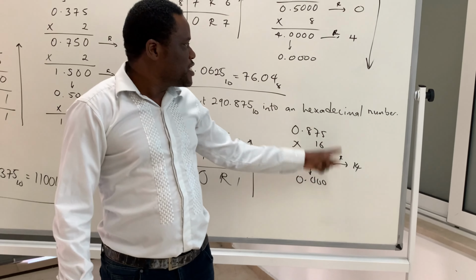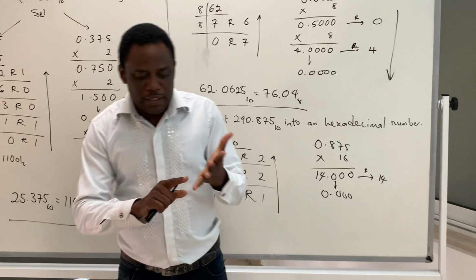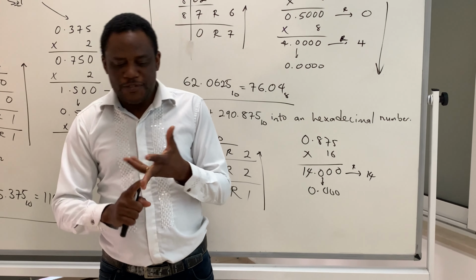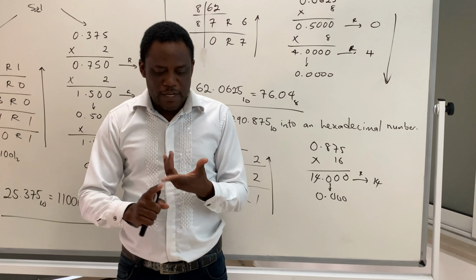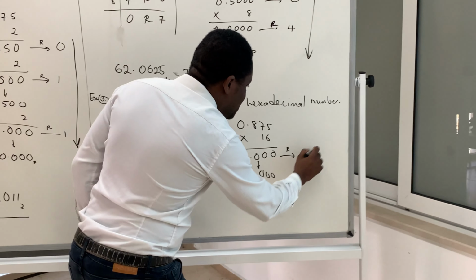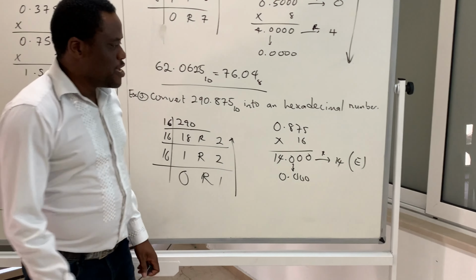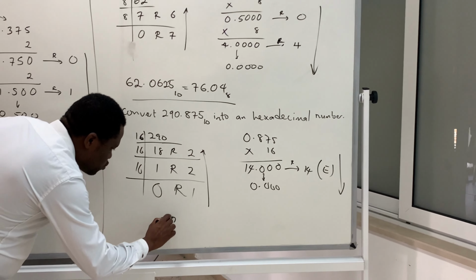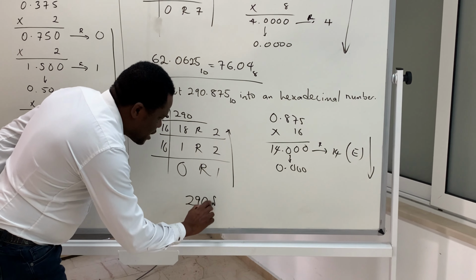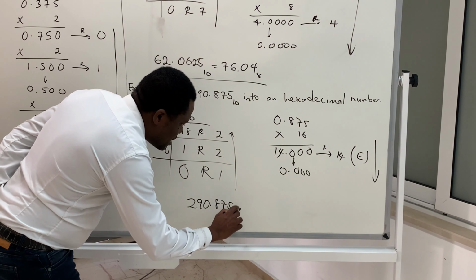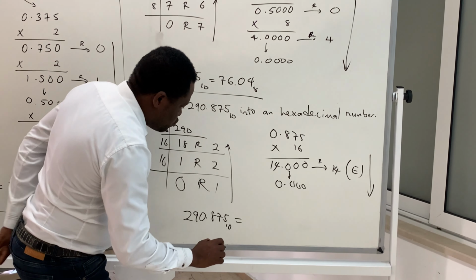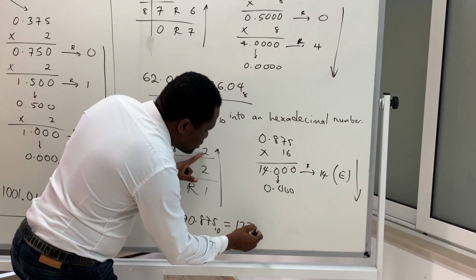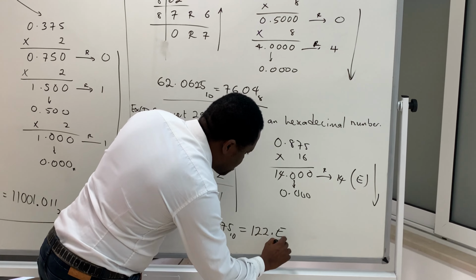No. What is 14 in hexadecimal? 10 is A, 11 B, 12 C, 13 D, 14 E. 14 is E. And since it's only one digit, you write the single letter. So which means 290.875 in base 10 is equivalent to 122.E in base 16.